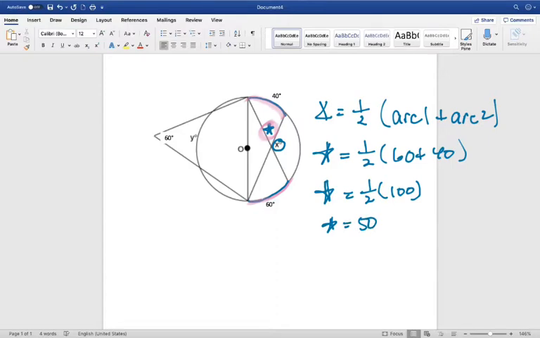So this angle right here is 50. Now, one thing you should notice is that these two form a linear pair. So if I want to know what x is, I know x will equal 180 minus that 50. So x will equal 130, and that solves for x. Okay, so that should help with problems 5 and 6 on the quiz.